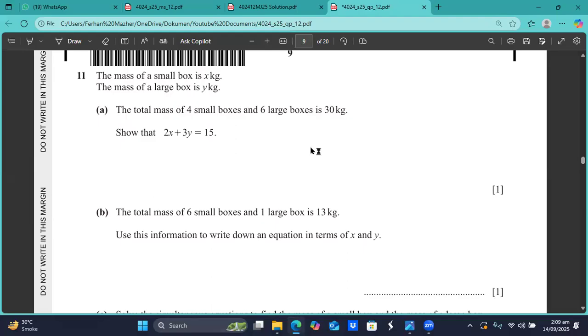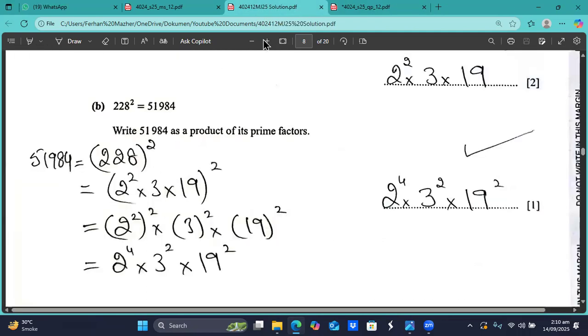Okay, so suppose the small box, its mass is x kg. Large box, its mass is y kg. 4 small boxes, 6 large boxes. So it will be something like 4x plus 6y is equal to 30. And then you simplify them, you will get this equation.